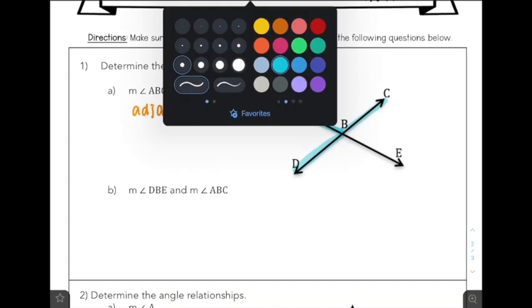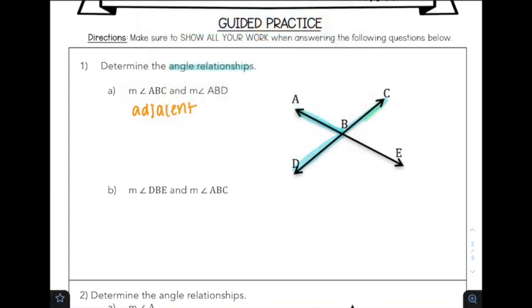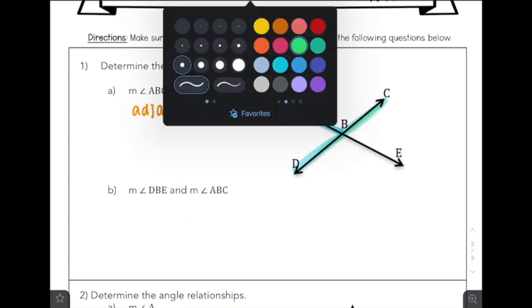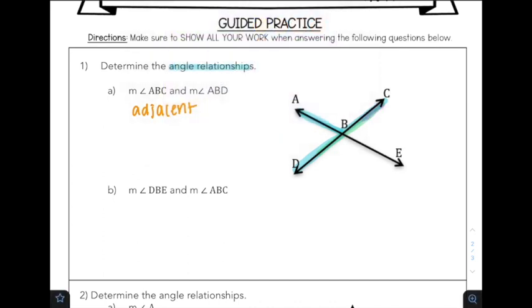And if you look at them, they're also creating a straight line, or 180 degrees, so they're supplementary. Adjacent supplementary angles.